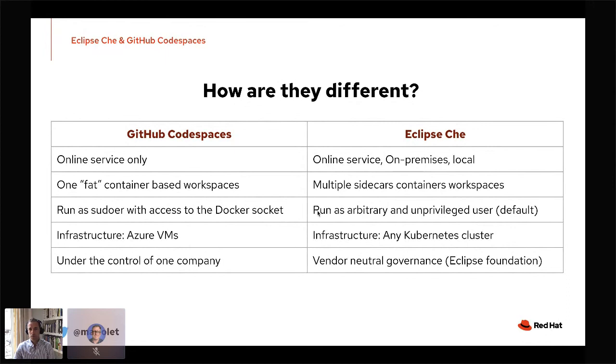So that's one difference. Another difference is the infrastructure where those containers are running. For GitHub Codespaces, the containers are running as Azure VMs. At least that was clear when GitHub Codespaces was actually Visual Studio Code Online.